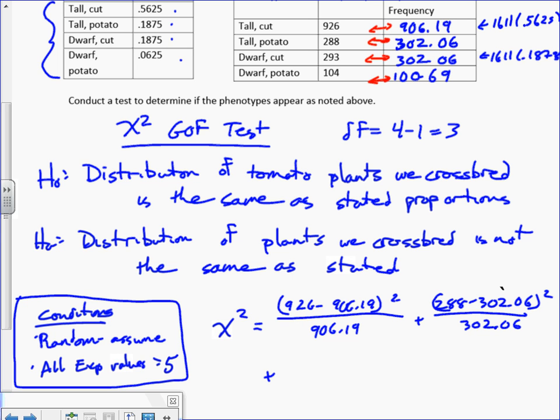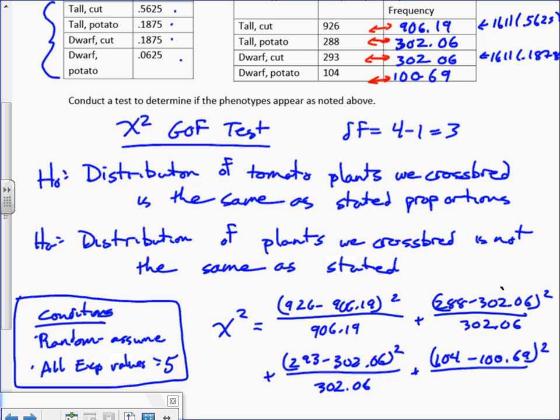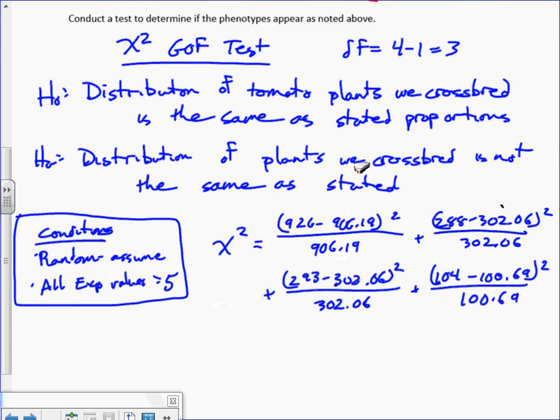And we're going to do this for all of these. Part of it is just to prove that we know exactly how to set this test up, what's getting plugged in where, and which expected value is linked to which observed value. So there's the setup in terms of the formula, and it's at this point that we can let the calculator take over.